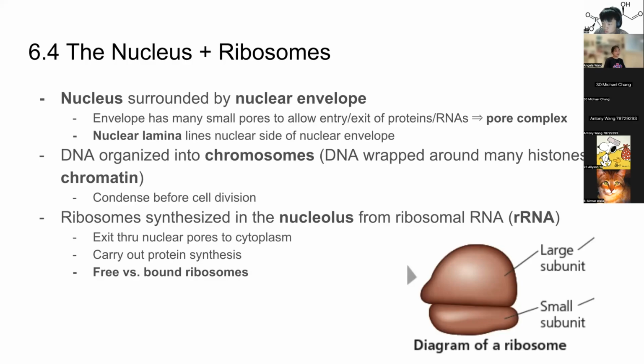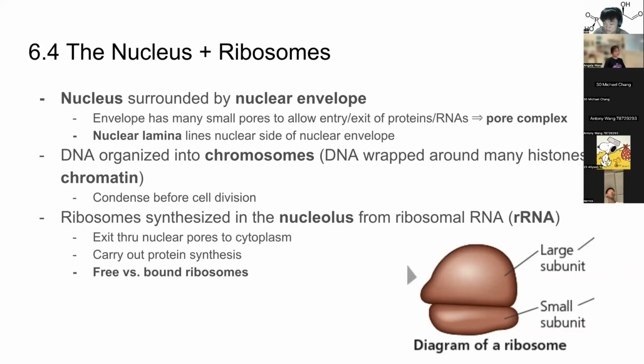DNA is organized into chromosomes, and DNA wrapped around many histones is called chromatin, and it condenses before cell division. Ribosomes are synthesized in the nucleolus from ribosomal RNA, also known as rRNA, and here is a picture of a ribosome. It has a large subunit and a small subunit, and when undergoing translation, the mRNA goes in between them, and then the protein comes out the top.